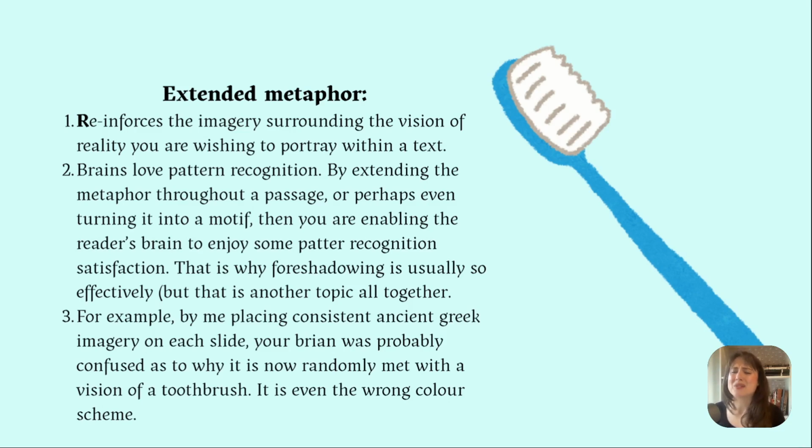They might go, hang on, I thought this bit of imagery was supposed to symbolize something different. Now I'm lost. So good writers will be able to shift extended metaphors or imagery in different ways, make them positive or negative throughout the piece, but that's something that we need to practice.